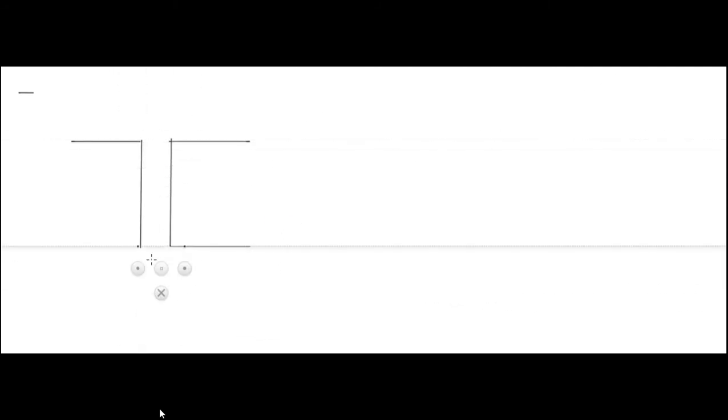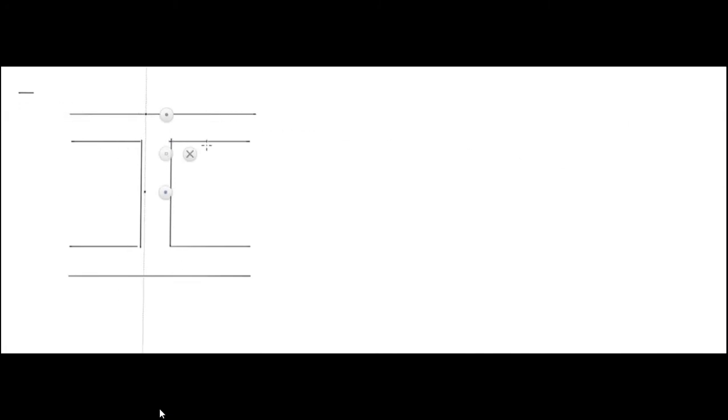Now we will see the moment of inertia of an I section. So this is an I section, and the area moment of inertia is equal to capital B D cube by 12 minus small b d cube by 12.